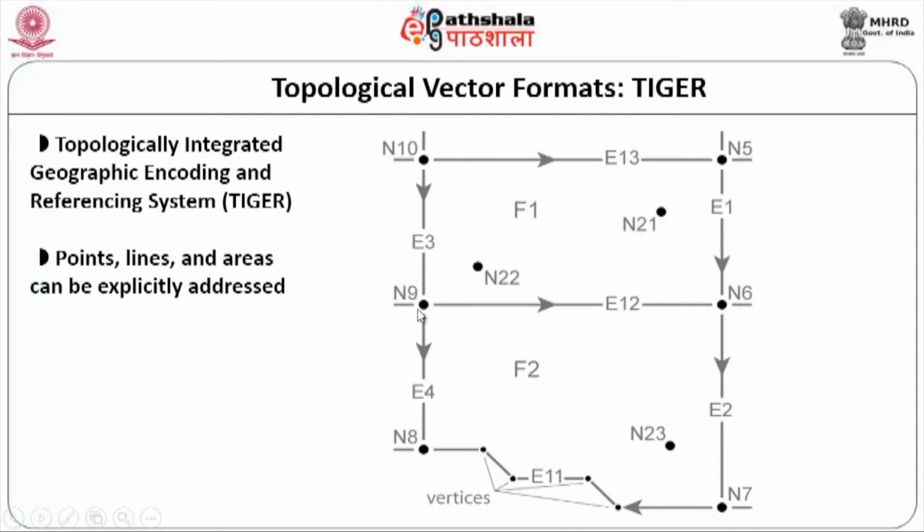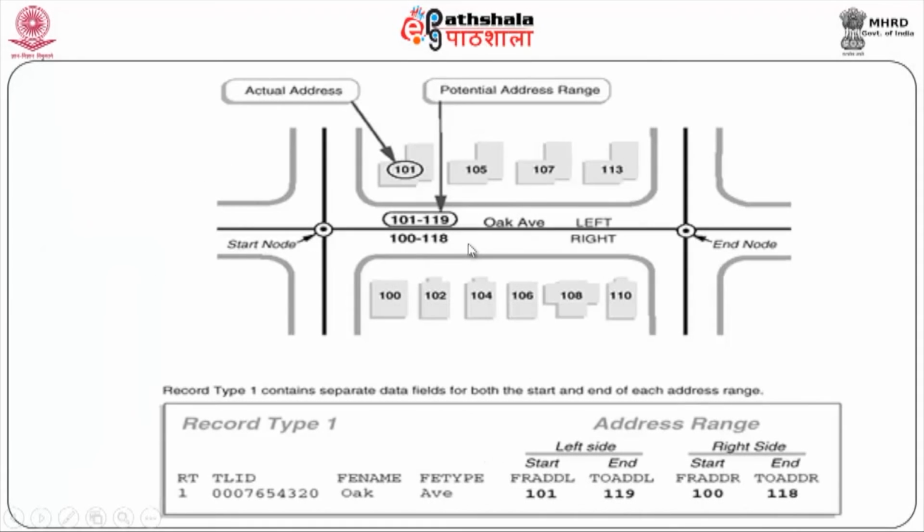This Tiger topology follows that in address matching, if I want to find out, here it is: the end node, the starting node of this particular line. In this context, whatever is on the left side is stored separately, and whatever is on the right side is stored separately.